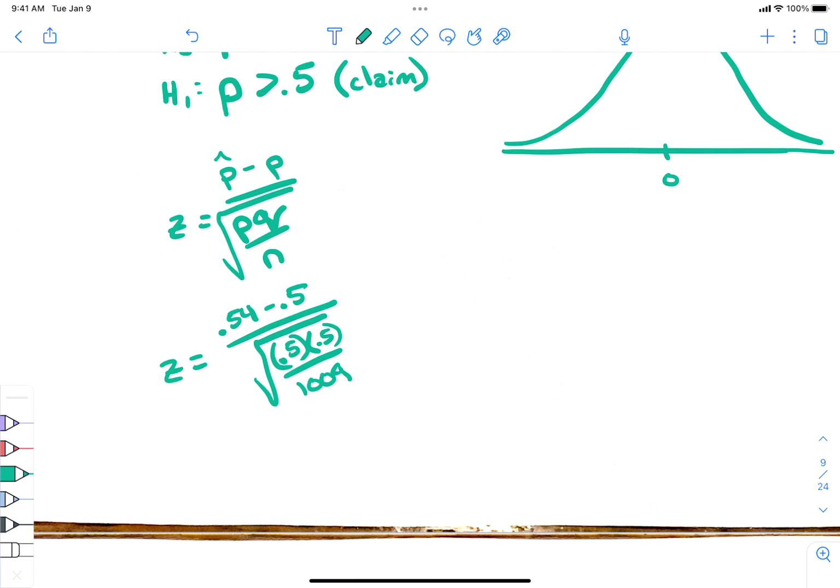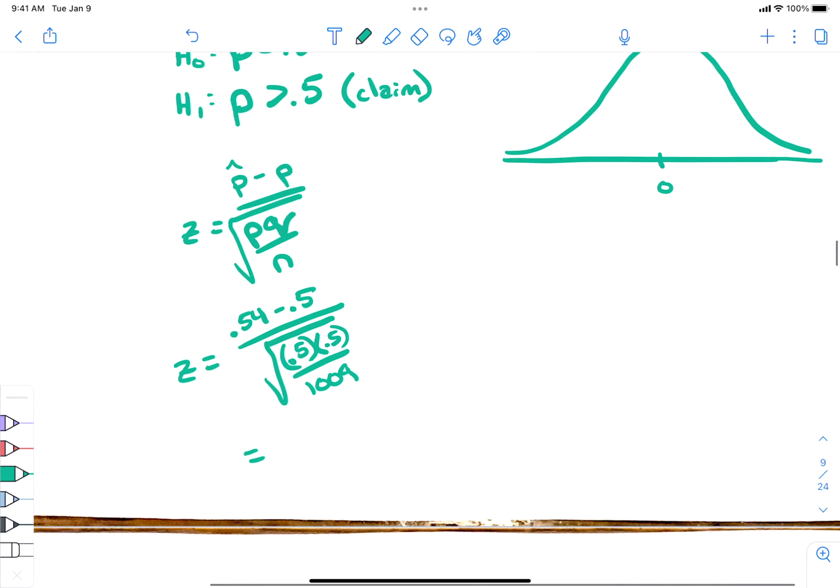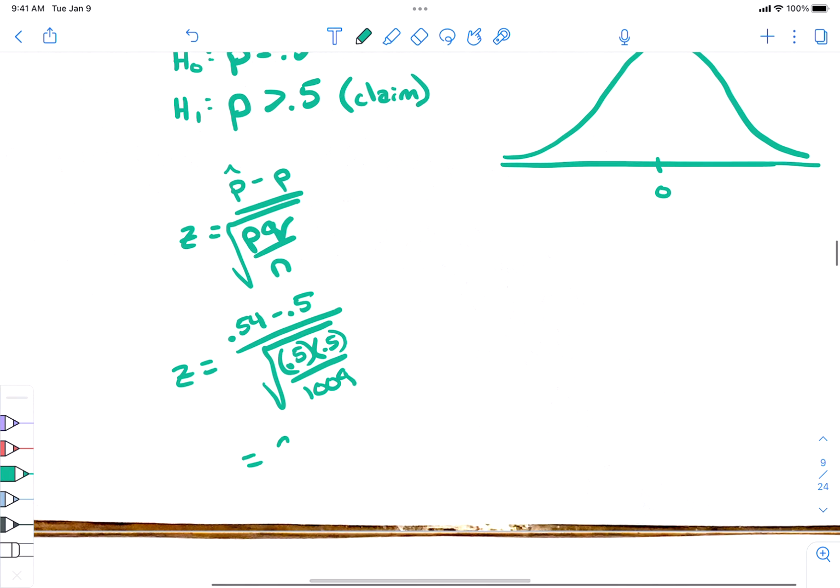Yeah, P hat is the number that we got. 54% is on the right side of the average, which is 0.5, the middle number that we're comparing to, okay? 54%. Let's get a number. What do we got? I have 2.54. Does that seem like an extreme value? Maybe? I don't know. We'll see. 2.54.